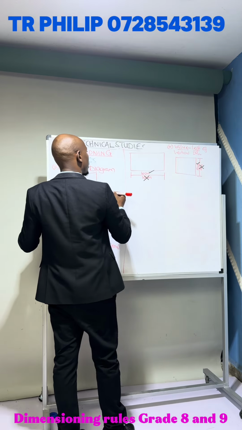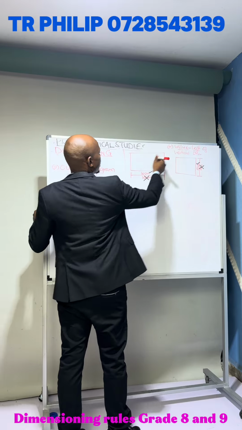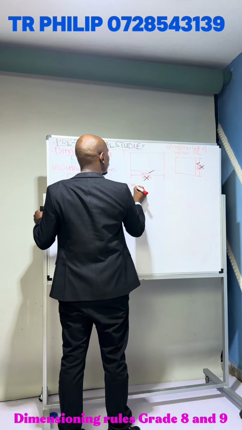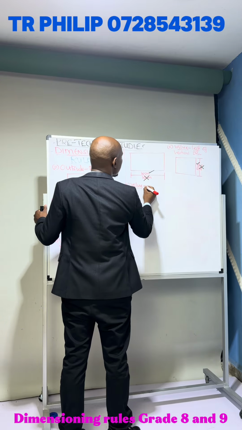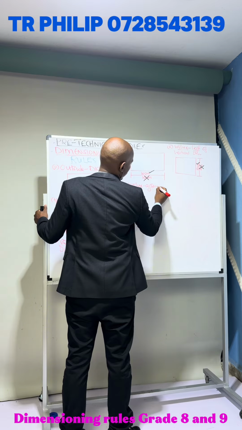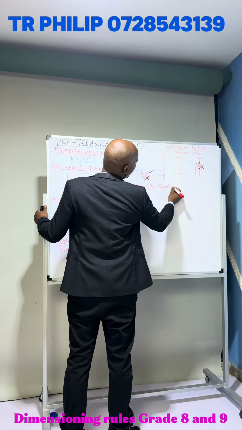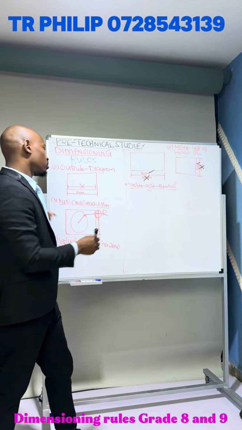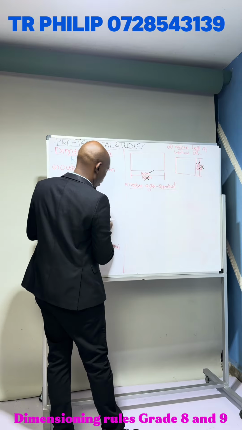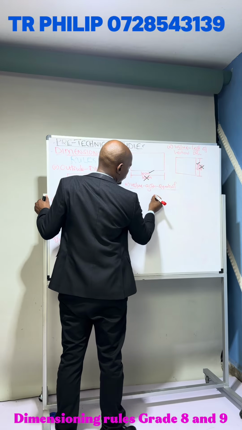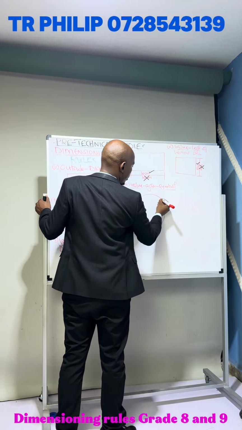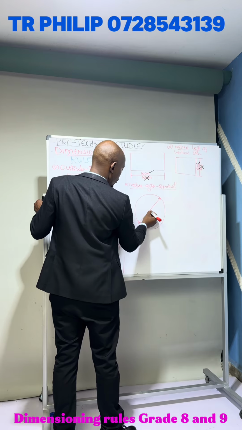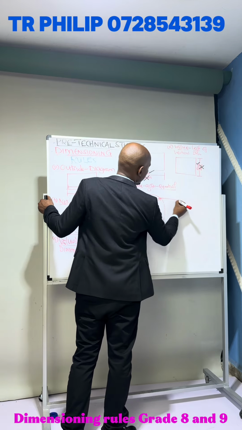Then the other one, that is A, B, C, D. This is D. Then we have E: dimensioning value should be after the symbol. For example, we have a dimensioning here in the name of diameter.